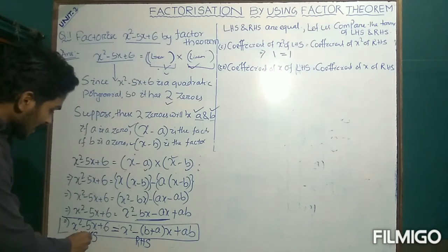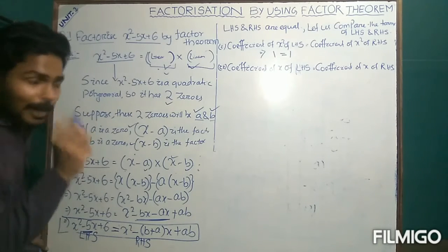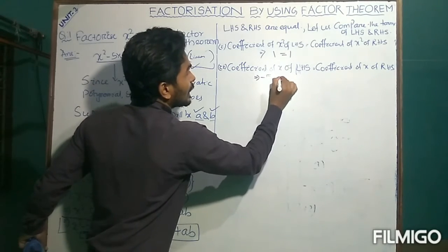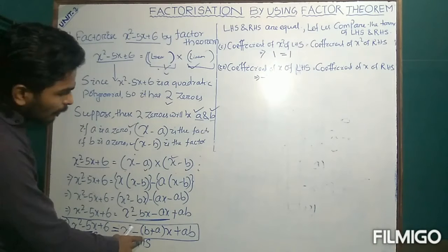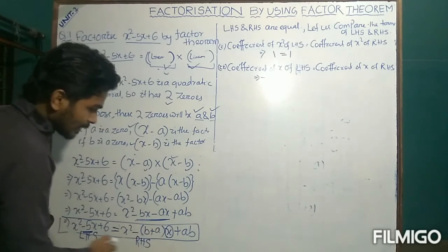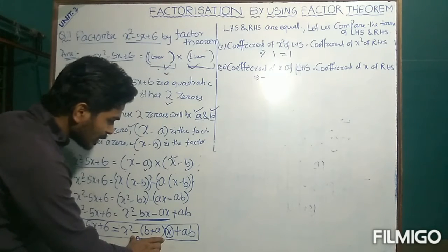In the LHS you can see what is the coefficient of x. It will be minus 5, and we can write minus 5 is equal to coefficient of x of RHS. Here you can see what is the coefficient of x. How can we get the coefficient of x?